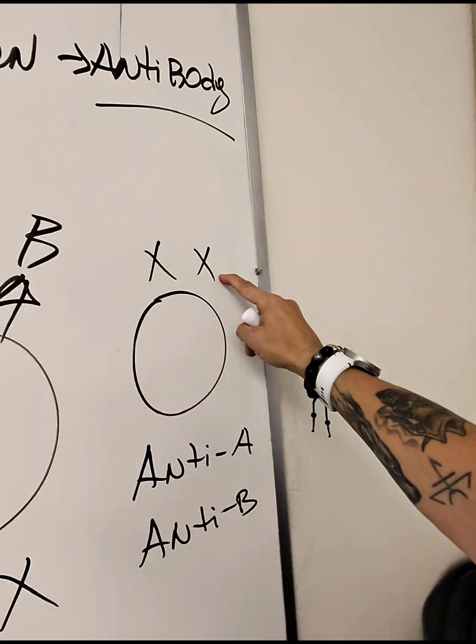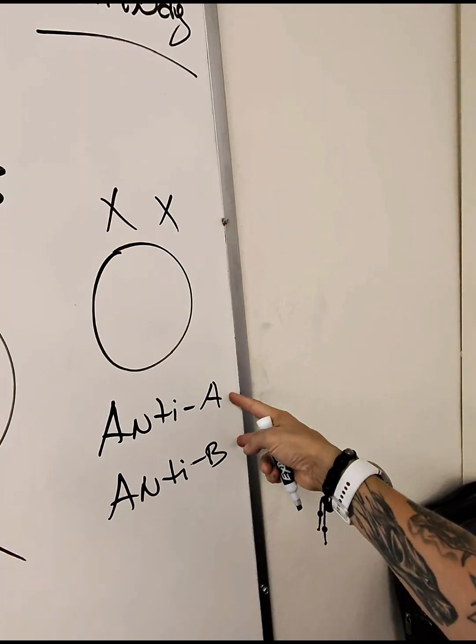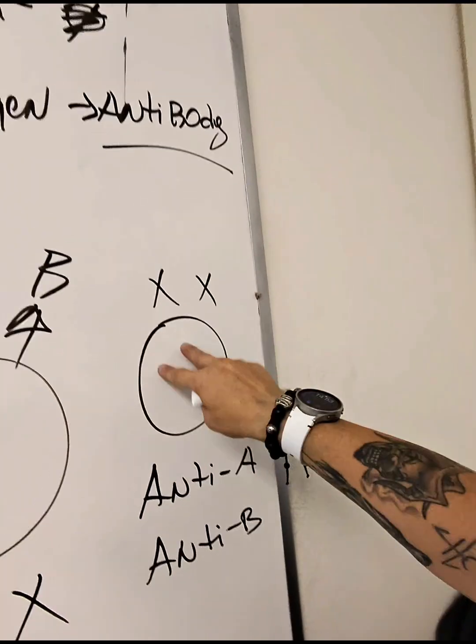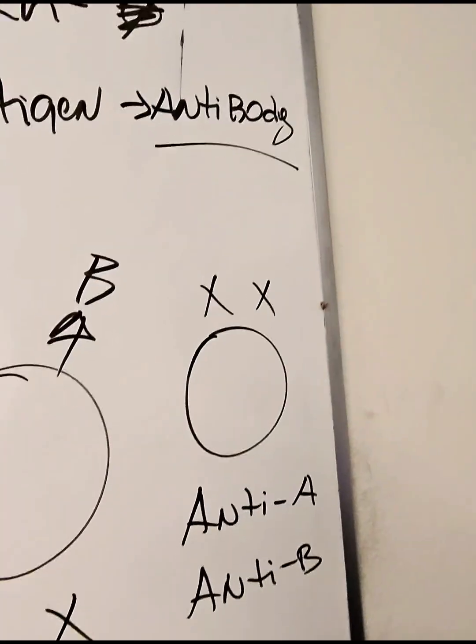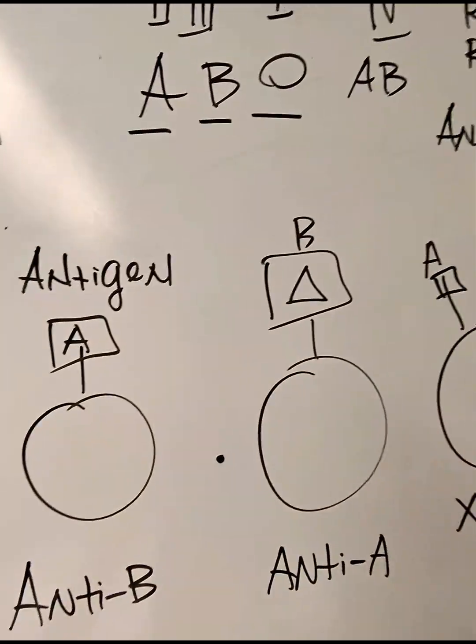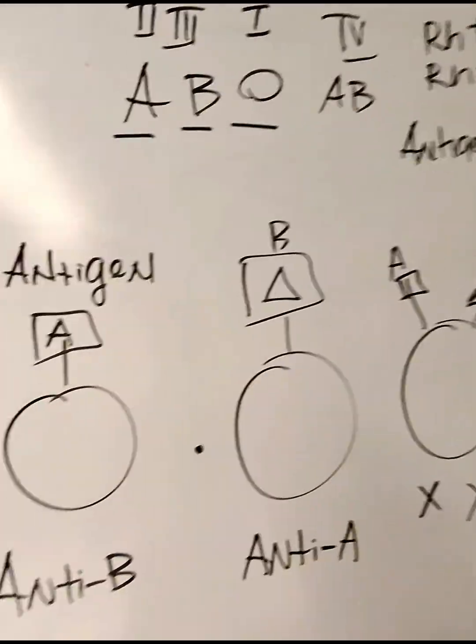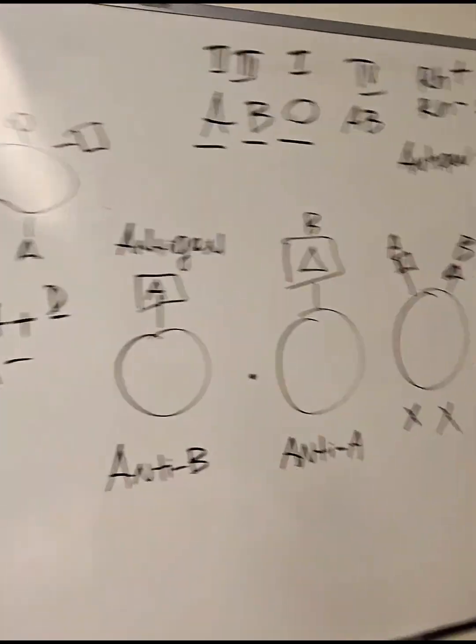There's no antigen A and no antigen B, so these two antibodies cannot destroy anything just because it does not have any antigens. That's basically the structure, what you need to know for now for the blood type.